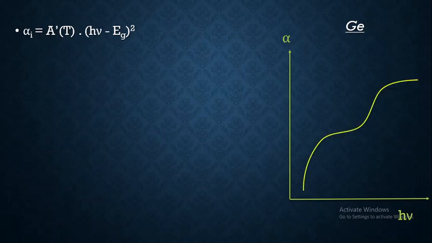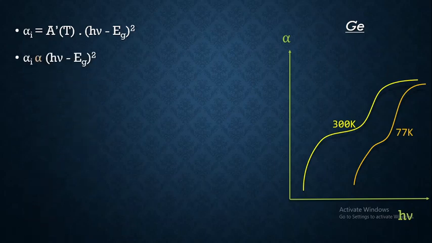So the graph is something like this at different temperatures, and here we can observe the nature where there are two steps involved. One is with respect to photon and with respect to phonon. So it is something like doubling the first graph, that is in case of direct band gap semiconductor. So at two different temperatures, nature remains the same.